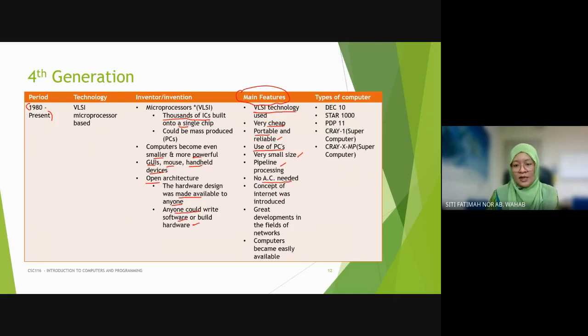The concept of internet was introduced. Great development in the fields of network, and computers become easily available. Okay, these are types of computer: DEC10, Star 1000, PDP 11, Cray 1, which is a supercomputer. Cray XMP is also a supercomputer.